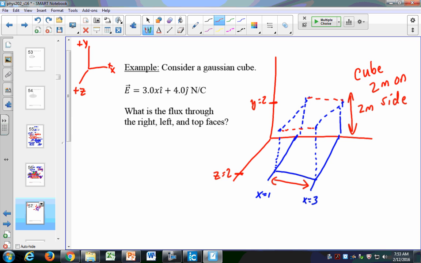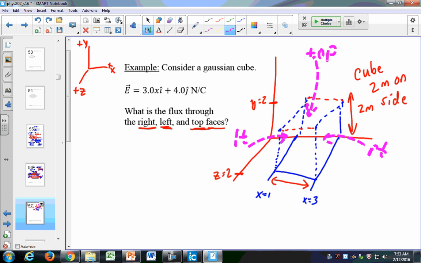But for now, I just want to know the flux through the right face, the left face, and the top face. Again, this is the top face right here. This is the right face. And then this side right here is the left face. I just want to know what is the flux through each of those faces.